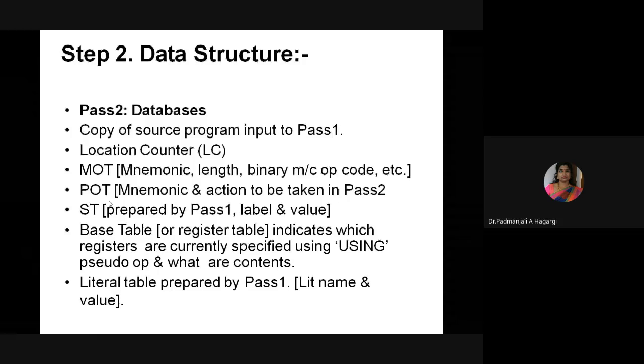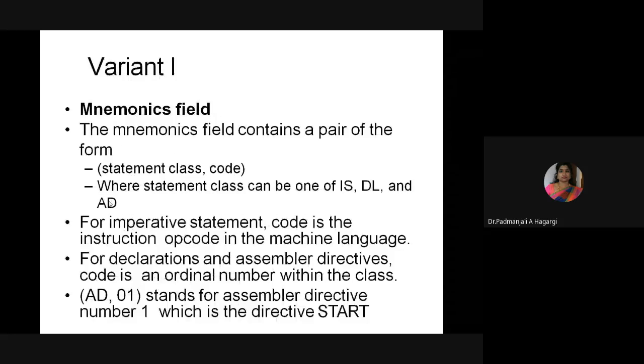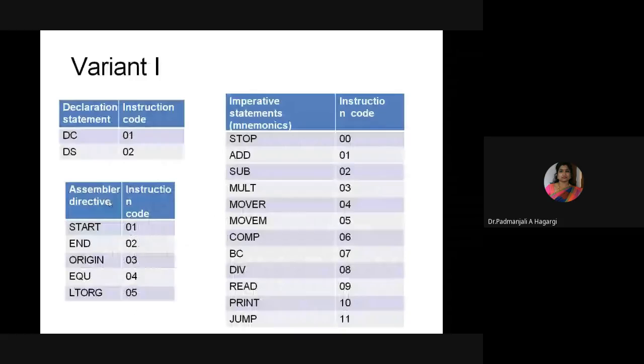The format of the data structure of the intermediate code, I will tell you in the next class. And the mnemonic fields and variant 1 values, I will tell you in the next class, how exactly it takes the evaluations.